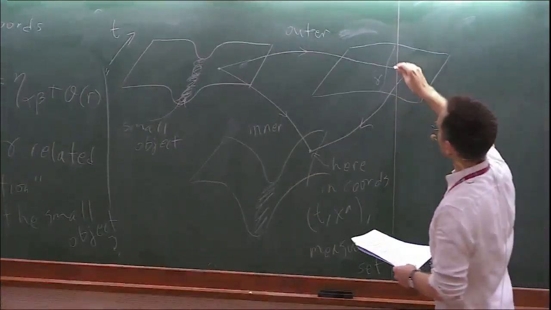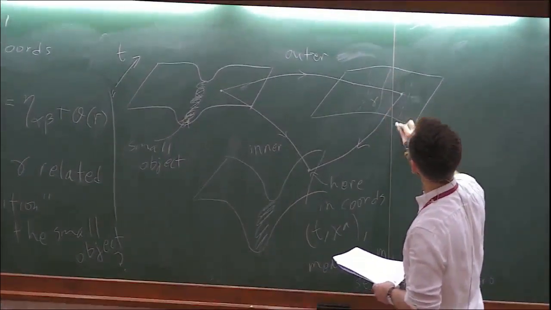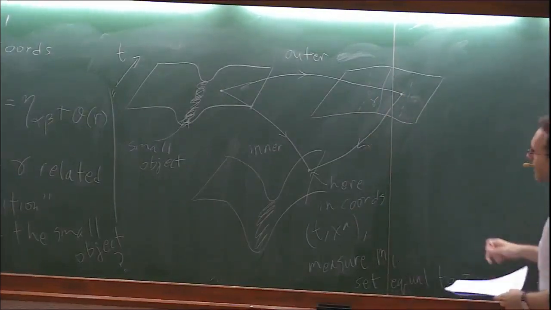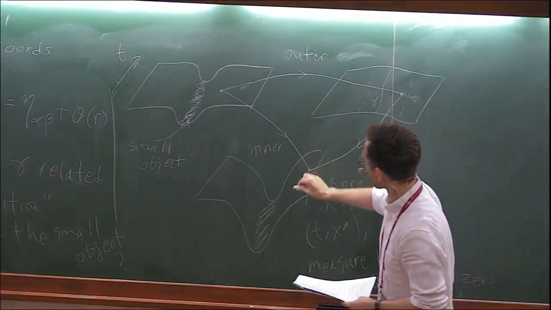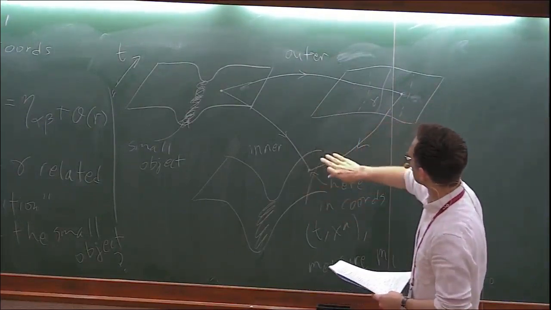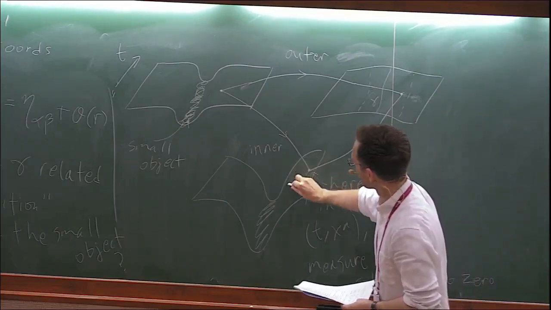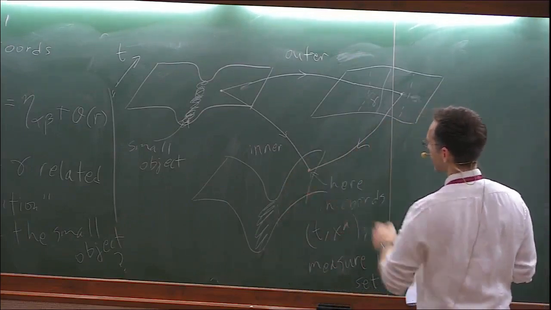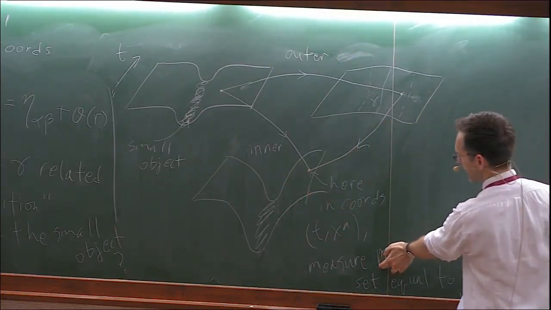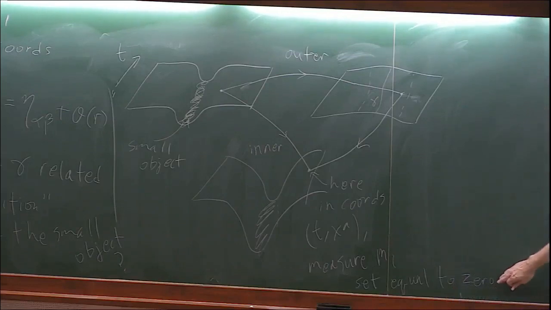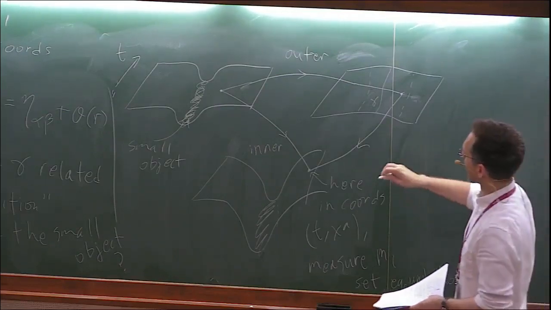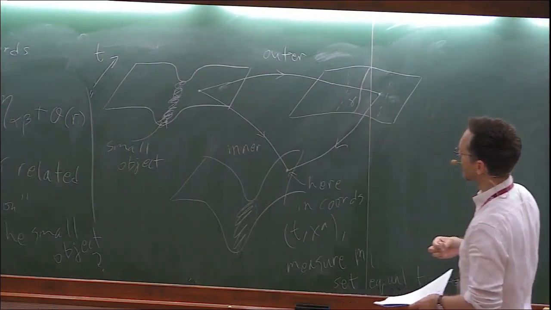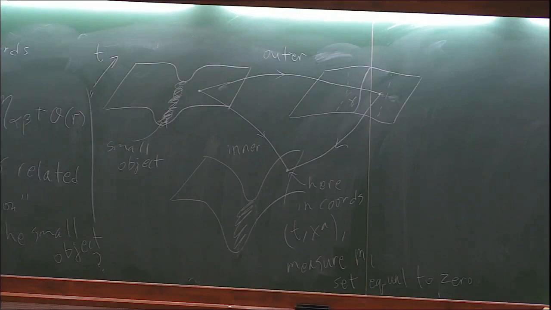These coordinates are only defined in some region in this manifold around this curve gamma. But then through these maps, that defines the coordinates, at least until you get very near the small object. You have those same coordinates defined here. So we can measure the mass dipole moment in those coordinates, and when we set it to 0, that means we are effectively setting this curve here to be the center of mass of the small object.